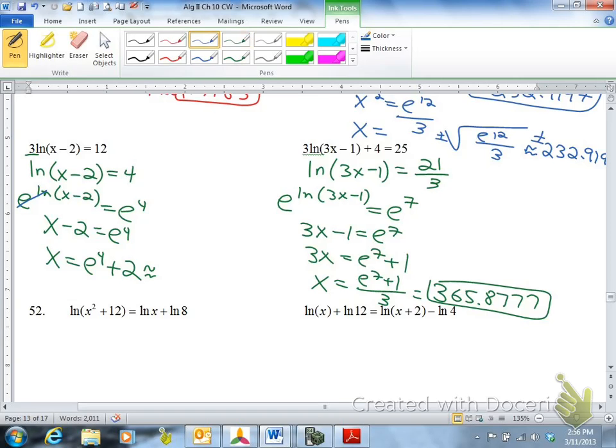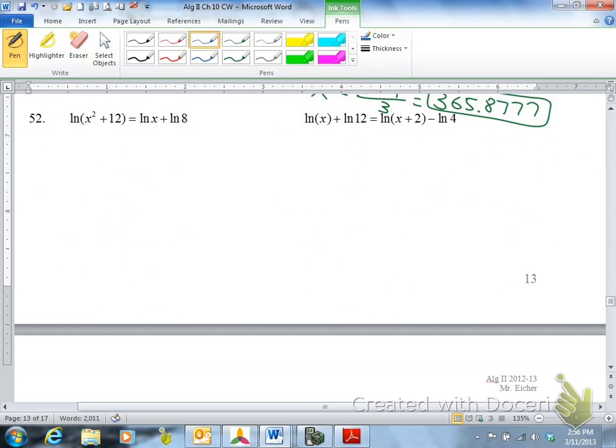And the last two, notice that you have 2 logs on the right, so you have to condense the 2 logs. So you have ln x squared plus 12 equals a sum of 2 logs becomes a product, ln 8 times x. And since there's an ln on both sides, you would have x squared plus 12 equals 8x.